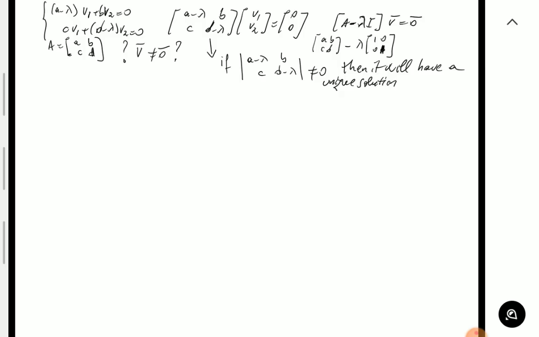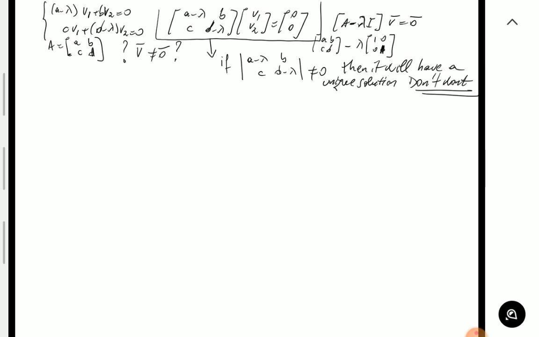Now, this is exactly what we do not want. Why? Because that unique solution will be the 0 solution. Since it's a homogeneous system, there's 0 on the right hand side, the trivial 0, 0 solution is always there. It will always have a 0 solution. So if you have a unique solution, then it must be just the 0 solution, which is not what you're looking for.